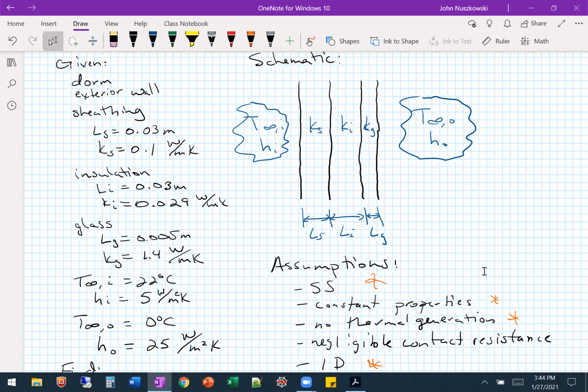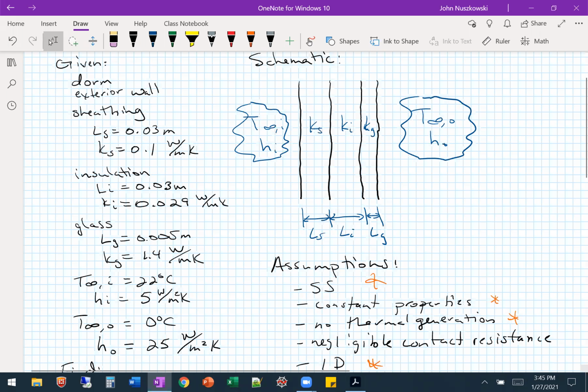Was it just the first one? Yeah, of the layer. So you'll just have the sheathing. Yeah, so just S. But how many resistors then? 2 resistors. 3, so there's 3 resistors then, because convection has a resistance to it also. So it's going to be 2 convection and 1 conduction, right? Yeah, okay.